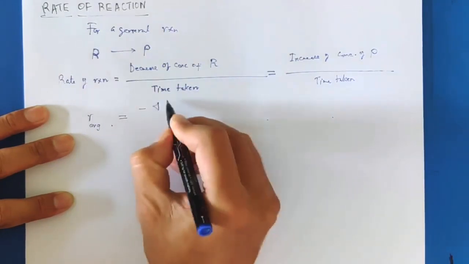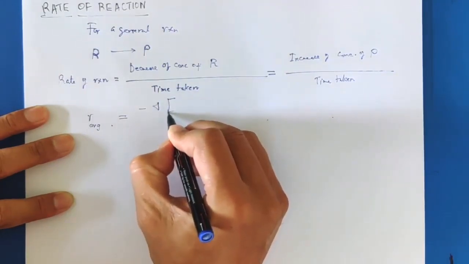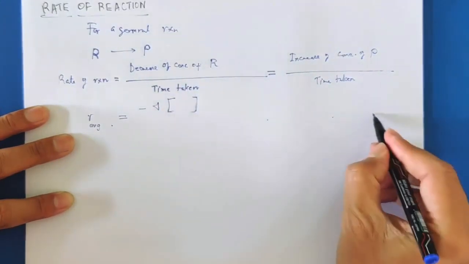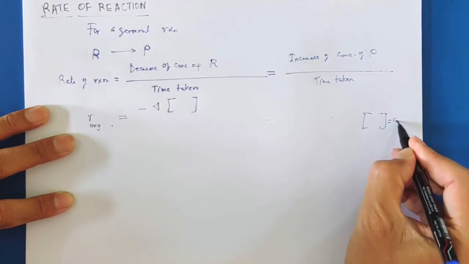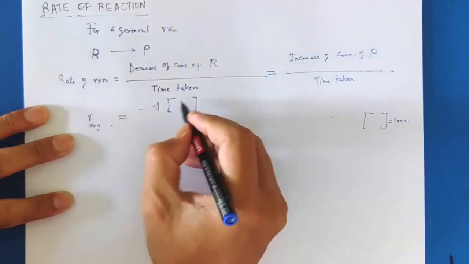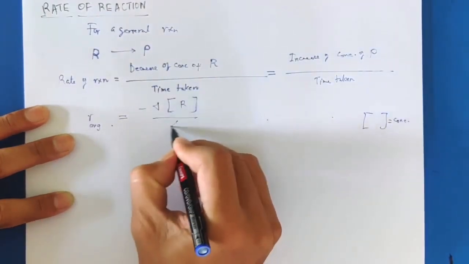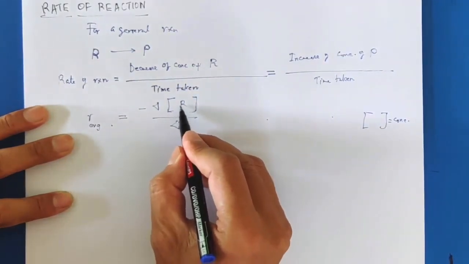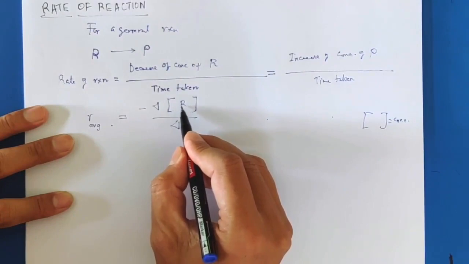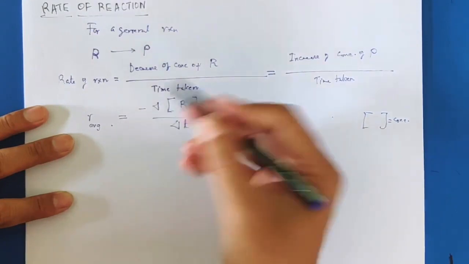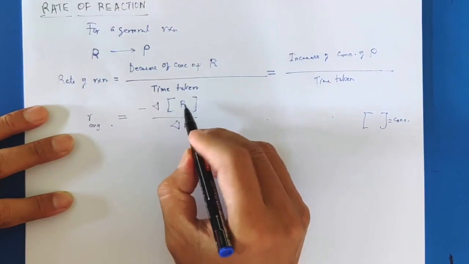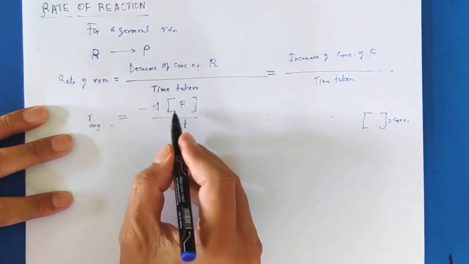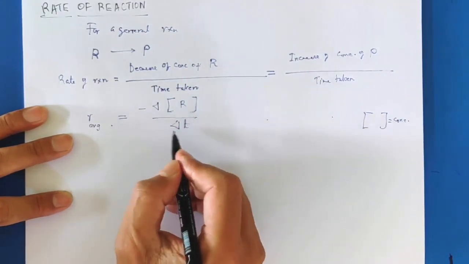So delta, this square bracket is the symbol for concentration, right? So the change in concentration of reactants with time delta t: delta R divided by delta t.